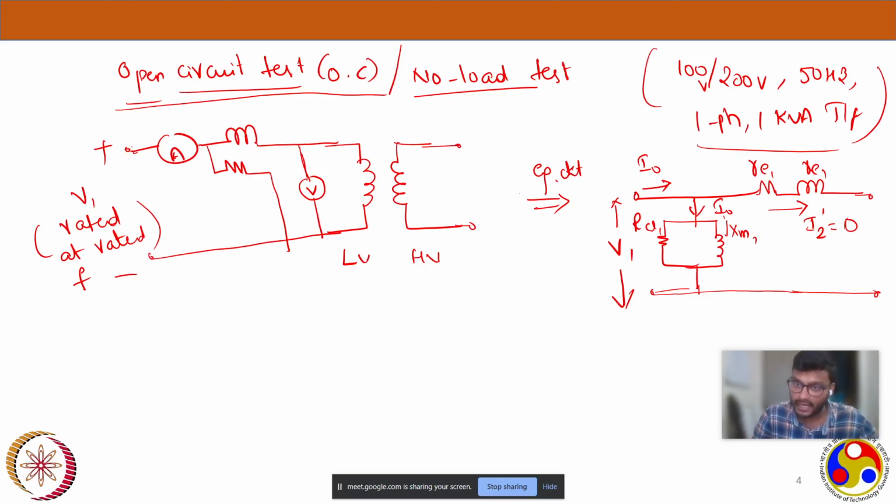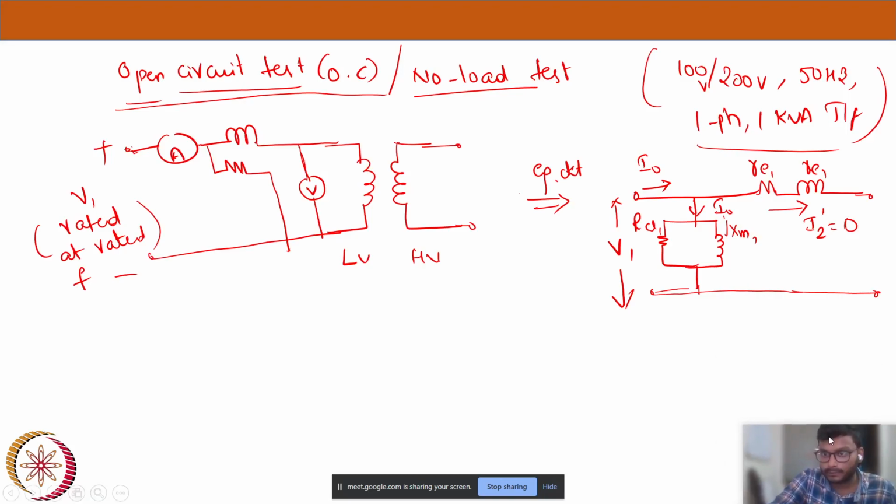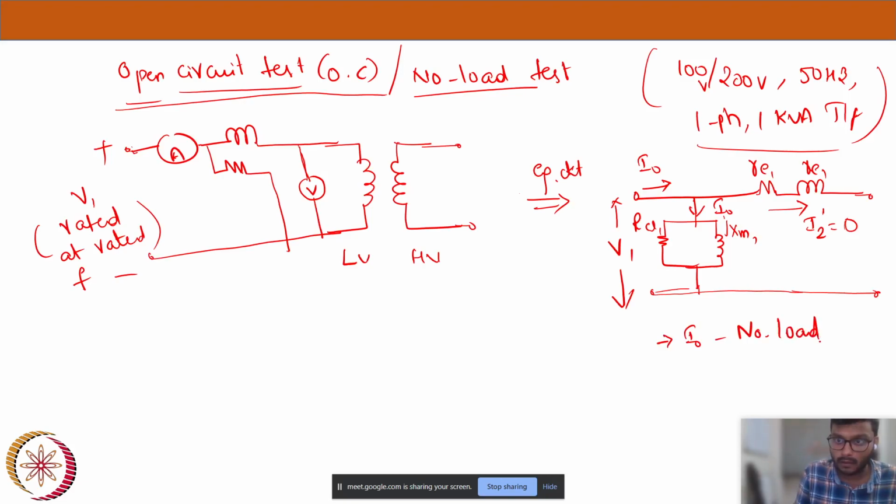So we call this current I0 a no load current. Since there is no load, the only current required is that passing through this RCL and XM. So here I0 is the no load current.